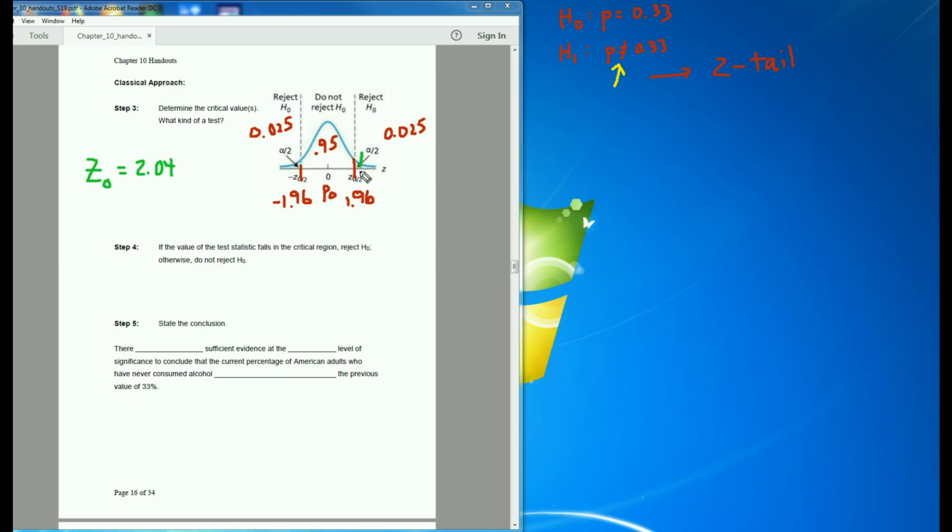So it's somewhere up here. That is 2.04. It is beyond the critical value. In other words, it does fall in the critical region. It's past here. So yes, we are going to reject the null hypothesis. That is going to be our conclusion, that we reject.